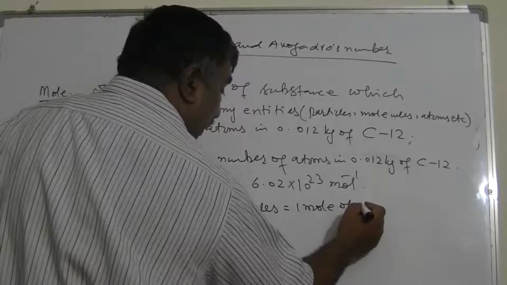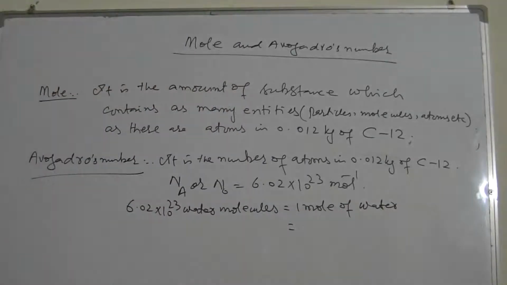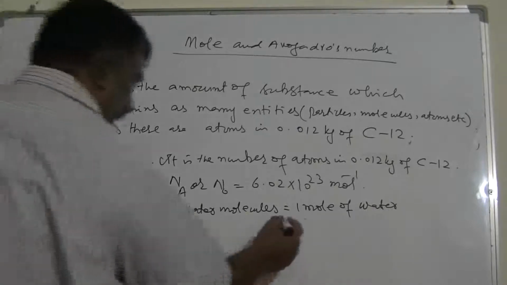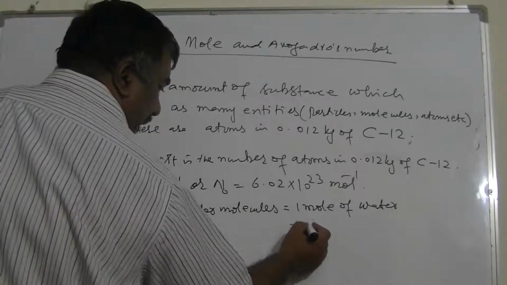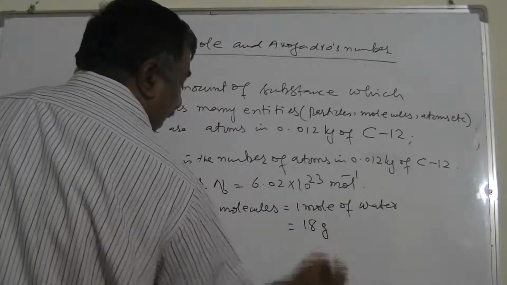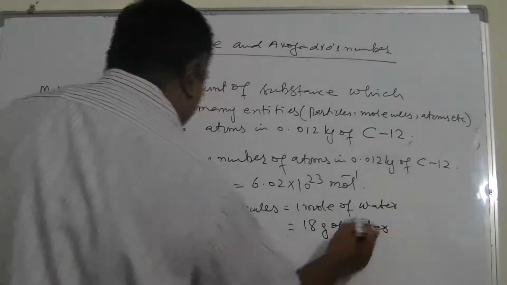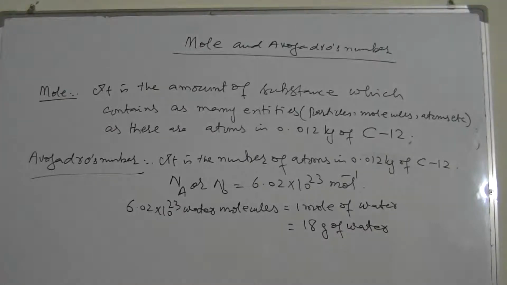Now, roughly speaking, any molar mass, molecular mass or atomic mass expressed in grams is 1 mole. H2O means 2 plus 16, which is 18. If I take 18 grams of water, then it becomes 1 mole of water, or 6.02 into 10 power 23 water molecules.